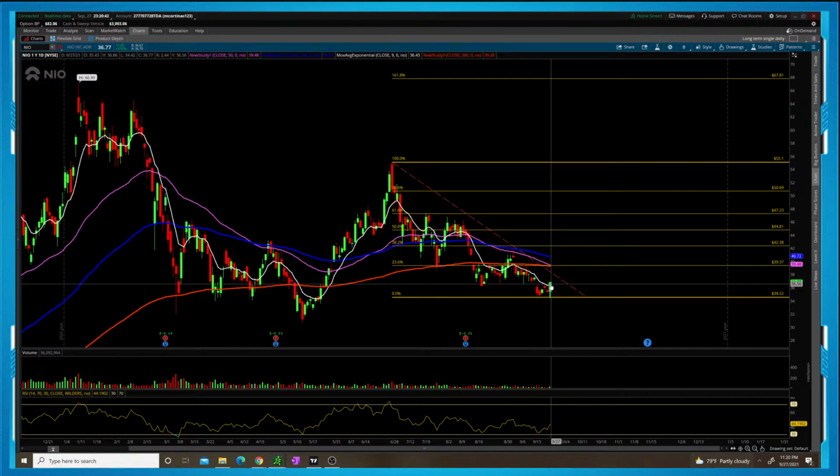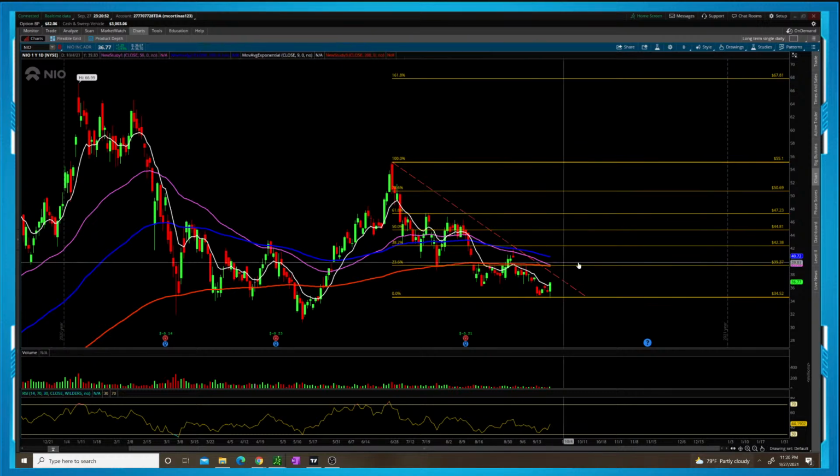So if we can sustain some bullish momentum, it's likely that we'll at least see a test here. Now, will it break above this level? We don't know. But we treat these Fibonacci levels as resistance until they're broken.